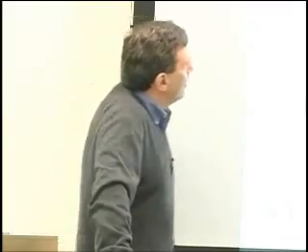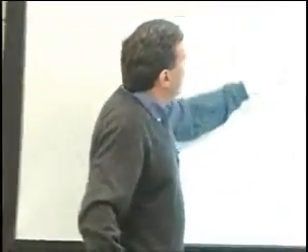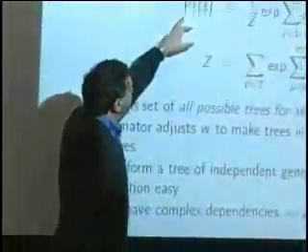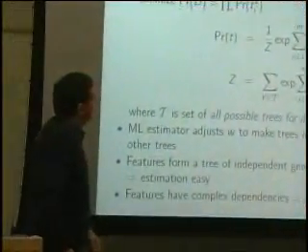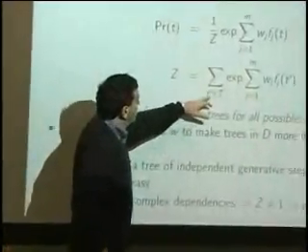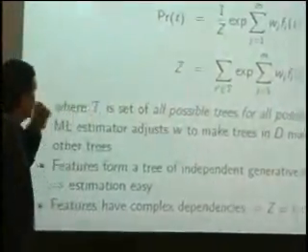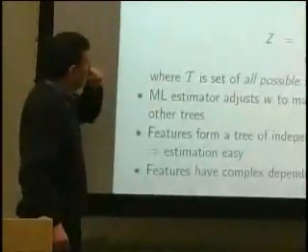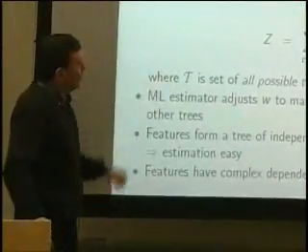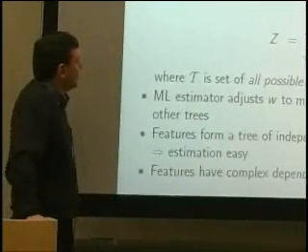The problem is that the probability of a single tree, as I said, has this normalization constant Z sitting out in front of it. That normalization constant Z involves a sum over the set T, this script T, which is the set of all possible trees for all possible strings.